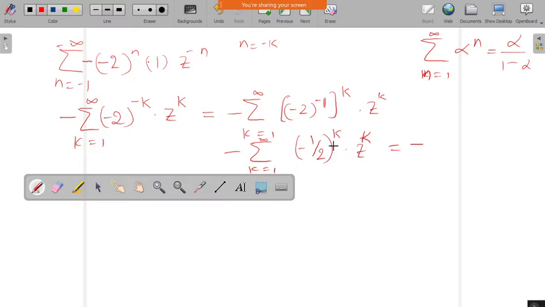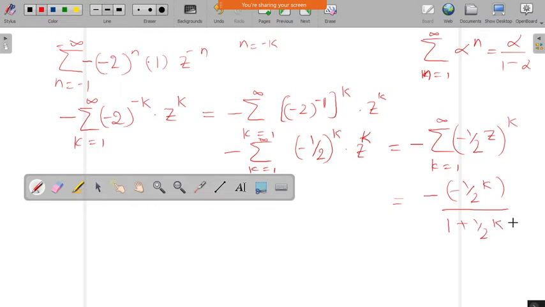So now power k is there, summation k equal to 1 to infinity, 1 by 2 minus 1 by 2 into z whole power k. So this will give minus 1 by minus 1 by 2 k divided by 1 plus 1 by 2 k.